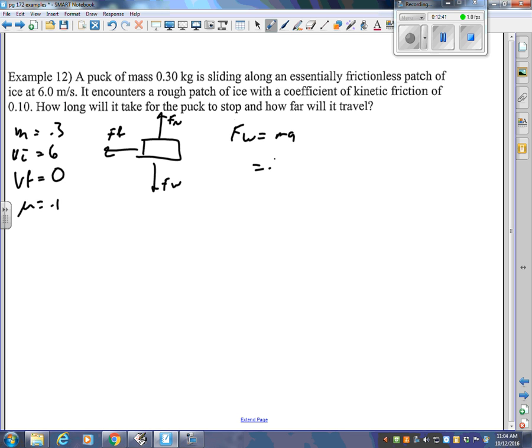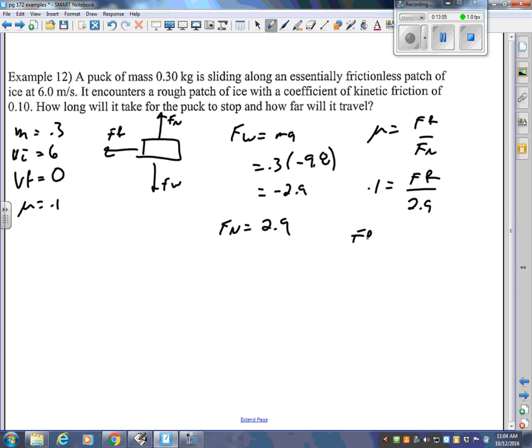Mass times gravity, 0.3 times minus 9.8, 2.9. Therefore, the normal force is positive 2.9 because there are no other verticals. Mu equals Ff over Fn. 0.1 is Ff over 2.9, giving me a friction force of 0.29, right?